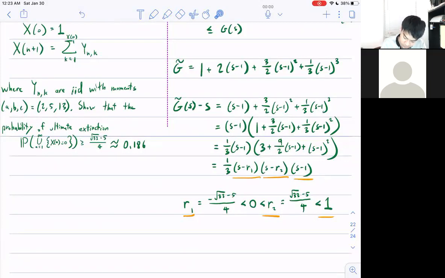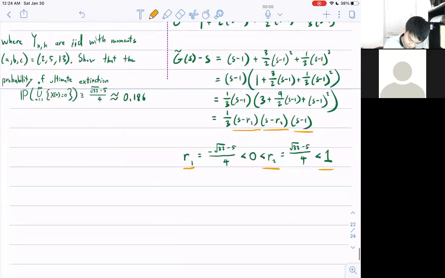Well, if I were to make a little chart right here: if S were to be less than R1 right here, then this entire thing would be negative.